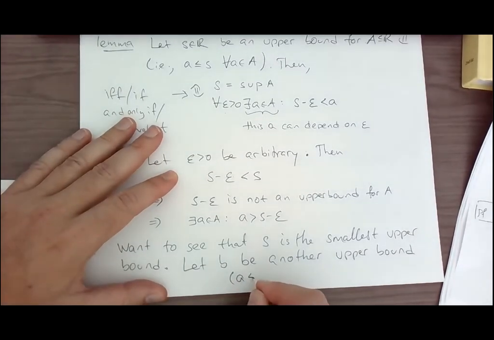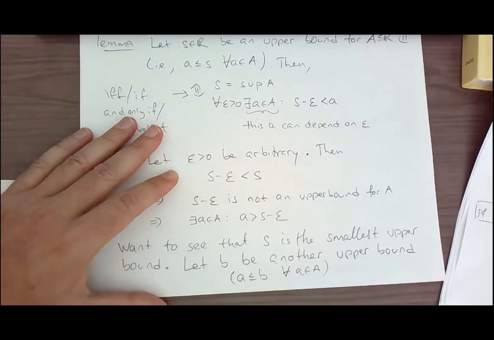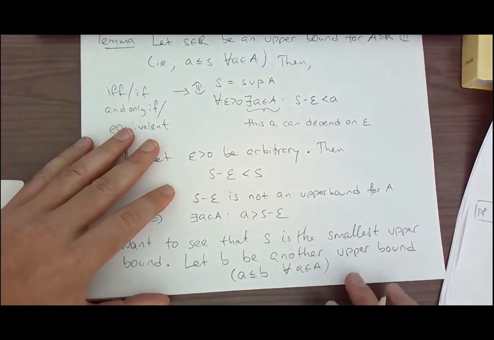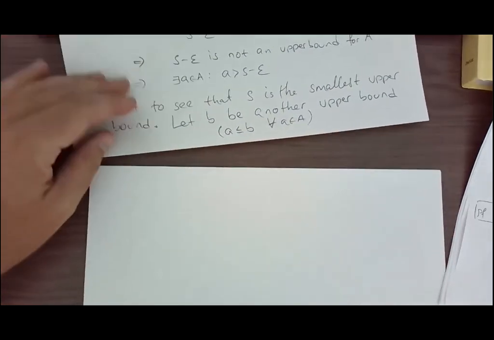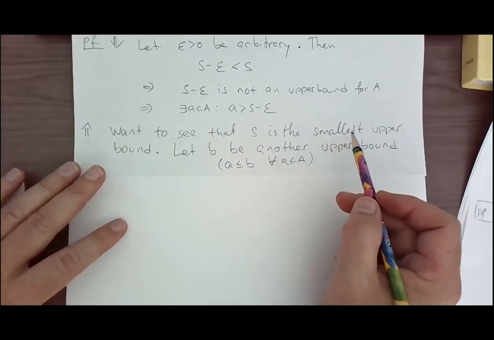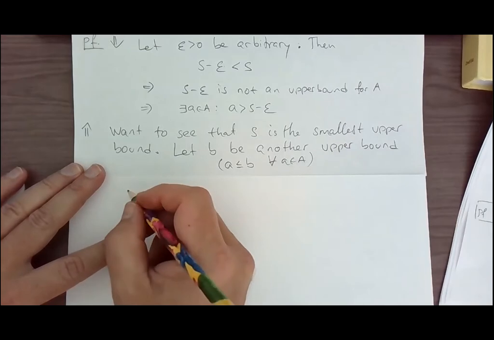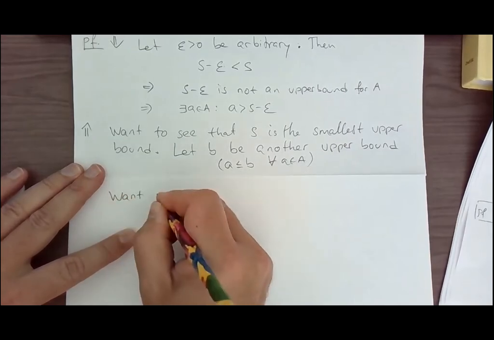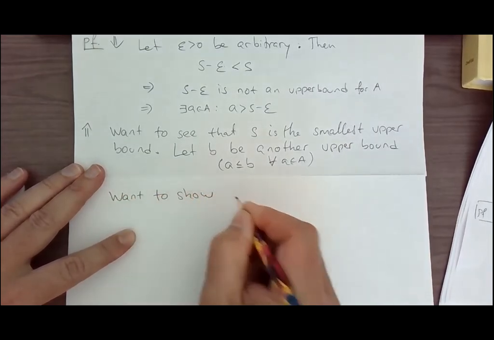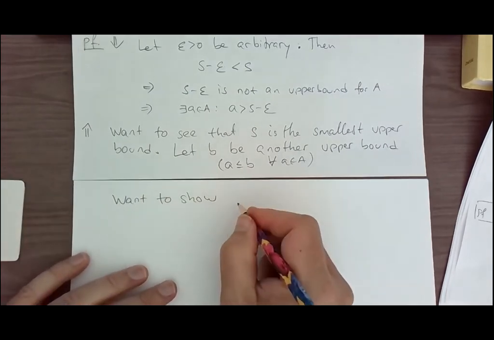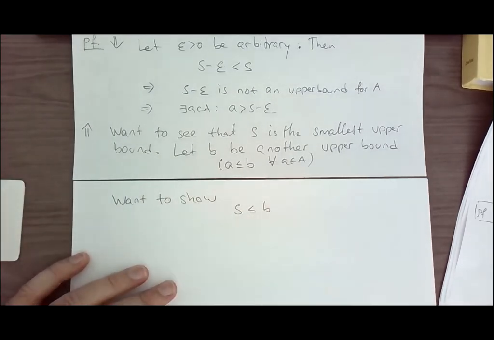It just means that A is less than B for any A in A. And what we want to show is the smallness property, so we want to show that S is less than B.